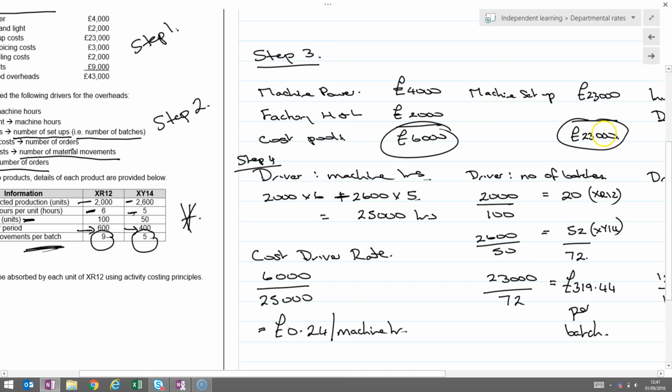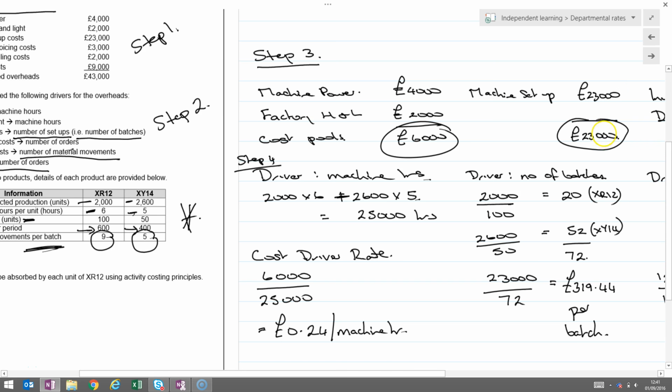The easiest way to work out your overheads absorbed is to do it firstly for your total production and then divide it down to get your overhead absorbed for 1 unit. So we're asked to work out the overhead to be absorbed by each unit of XR12. So as I said, I'm firstly going to do it for 2000 units and then divide it down.